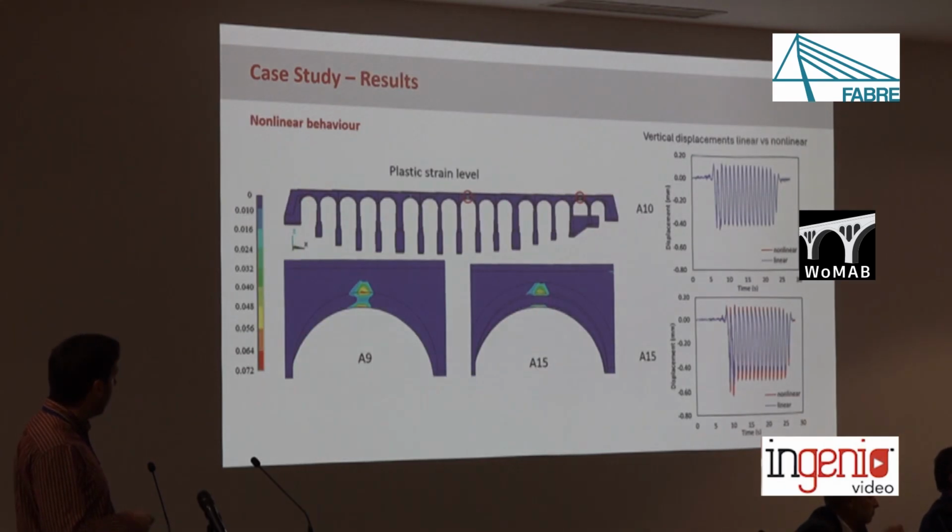So in terms of nonlinear behavior, we can see that there are some incursions in terms of nonlinear, mainly in the sections of the arch where those cracks are appearing. So also we can compare between linear and nonlinear analysis.